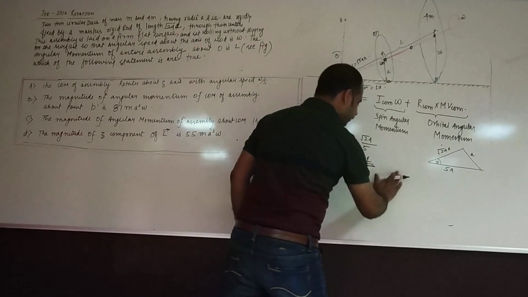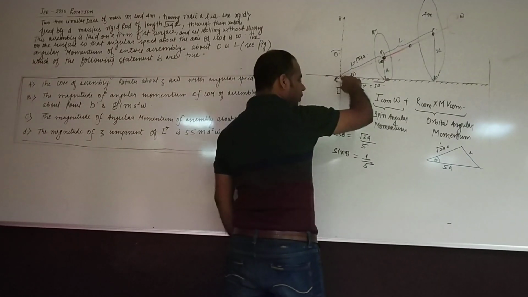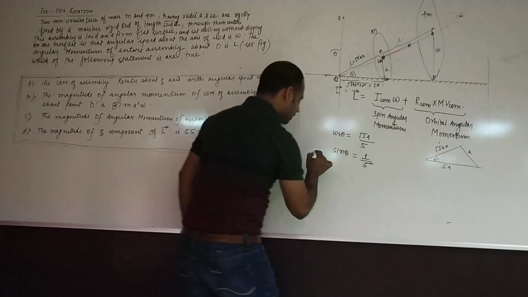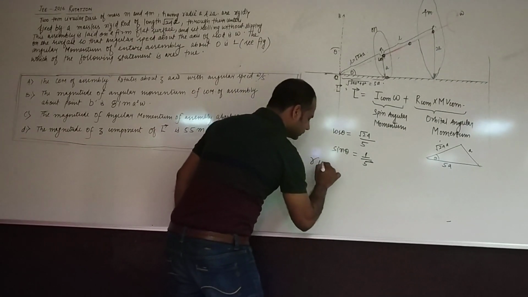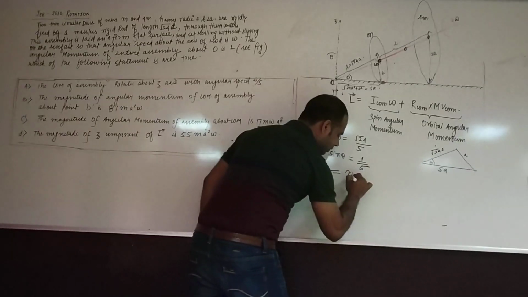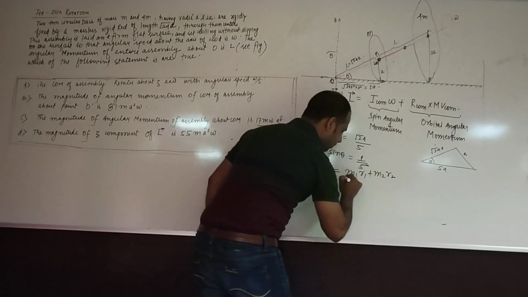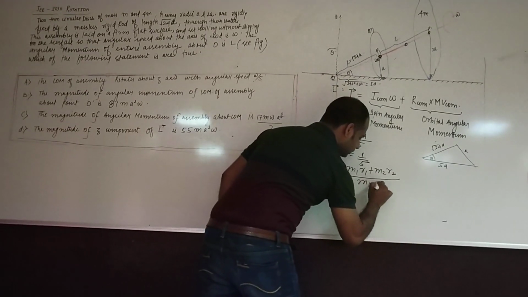Further, if we calculate the center of mass from O, the reference point O, then R center of mass is equal to M1 R1 plus M2 R2 upon M1 plus M2.